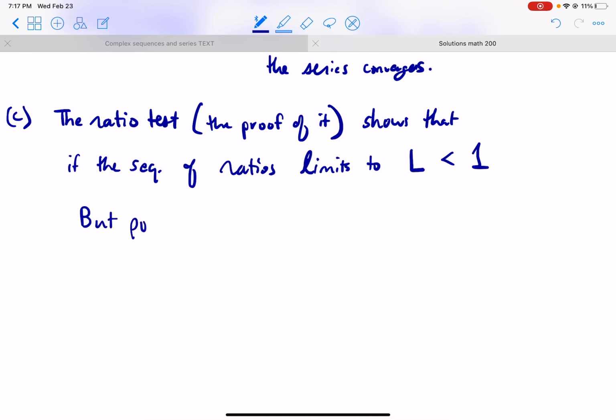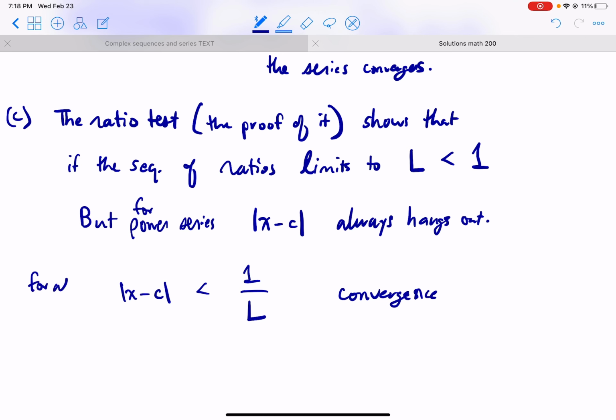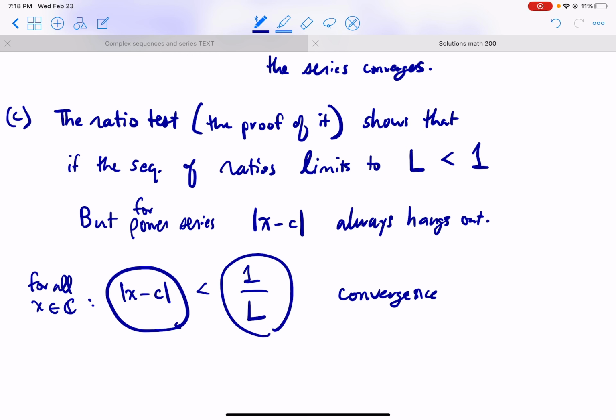For power series, the absolute value of x minus c always hangs out. And so if we can make this small enough, then it'll be less than 1. So whenever the absolute value of x minus c is less than 1 over L, we get convergence. For all x such that this thing is less than that, we'll get convergence.